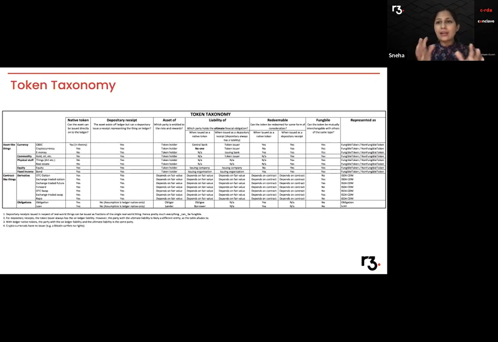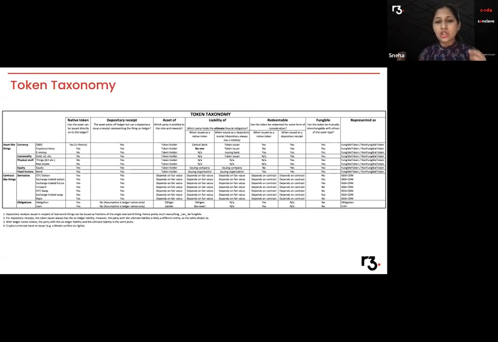Once you decide these things, you come to tokens, where you say, okay, this is my underlying asset, and now I want to issue tokens on it. Then you look at these vertical columns where you decide whether you want to issue a fungible token or a non-fungible token. Will my token be redeemable? And ultimately, if I issue tokens, who will be liable for these particular tokens? Let's take an example.